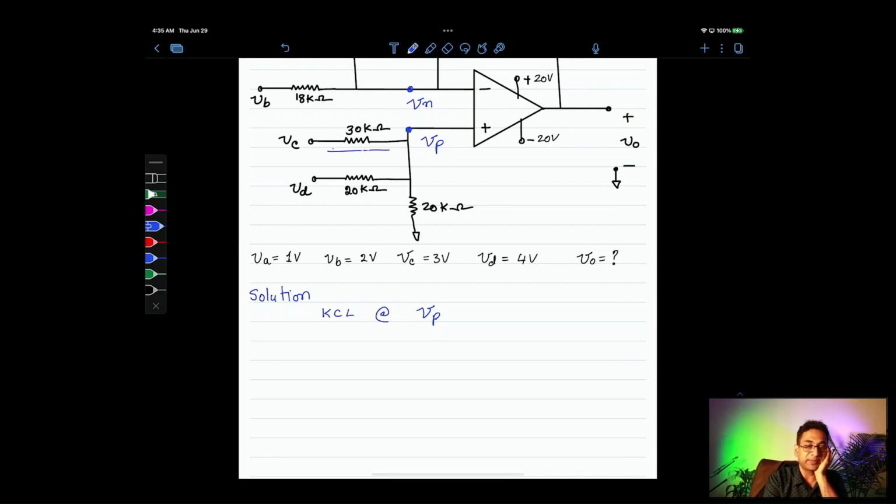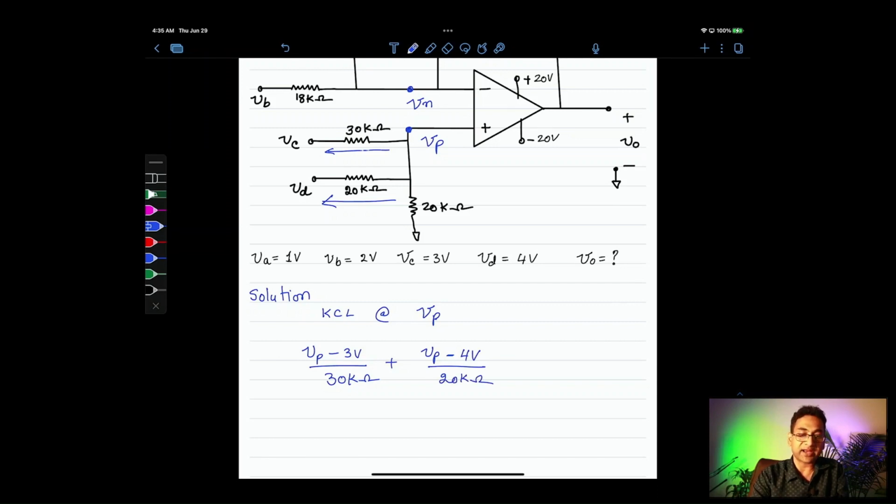The current going in this branch is Vp minus Vc, which is given to be 3 volts, divided by 30 kilo ohms, plus the current going in this branch is Vp minus Vd, which is given to be 4 volts, divided by 20 kilo ohms. And don't forget this branch over here.